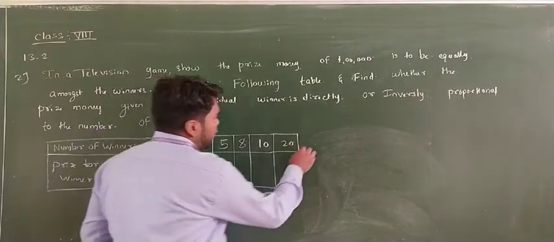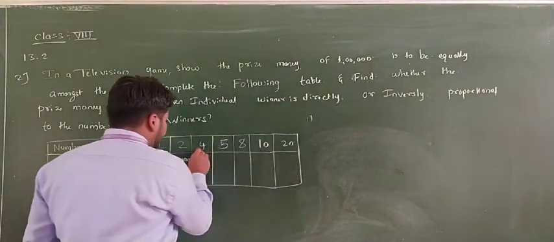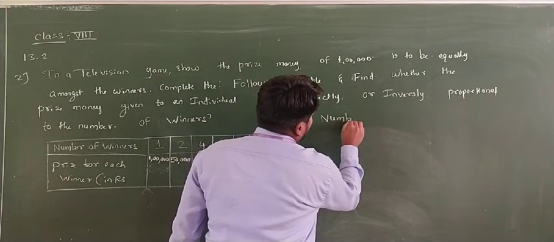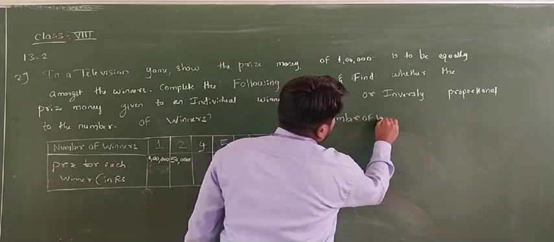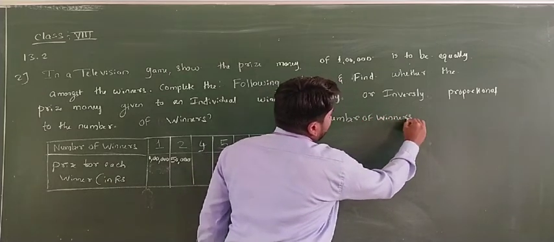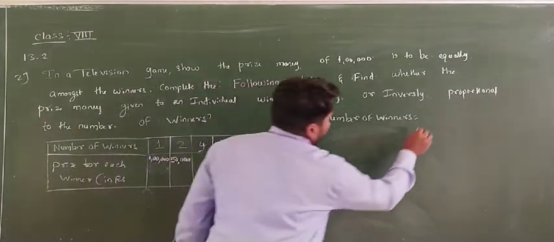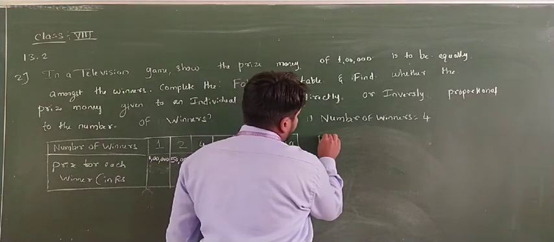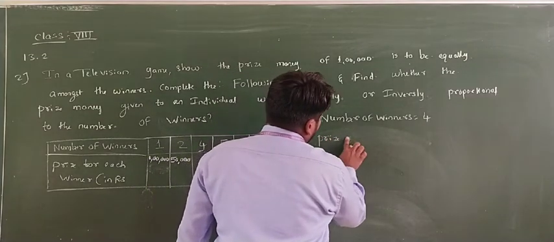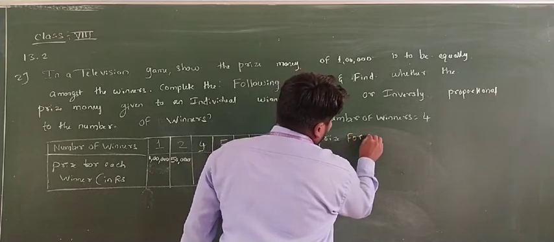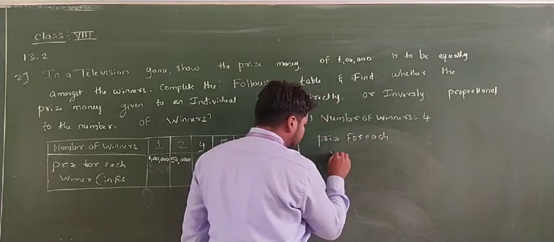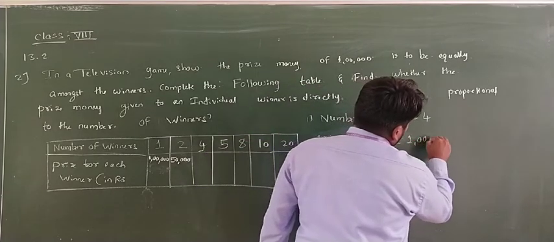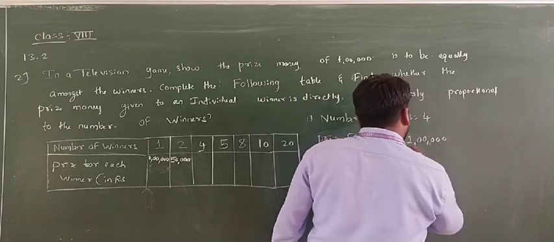First for 4 winners, the prize for each winner is 1 lakh rupees divided by 4.